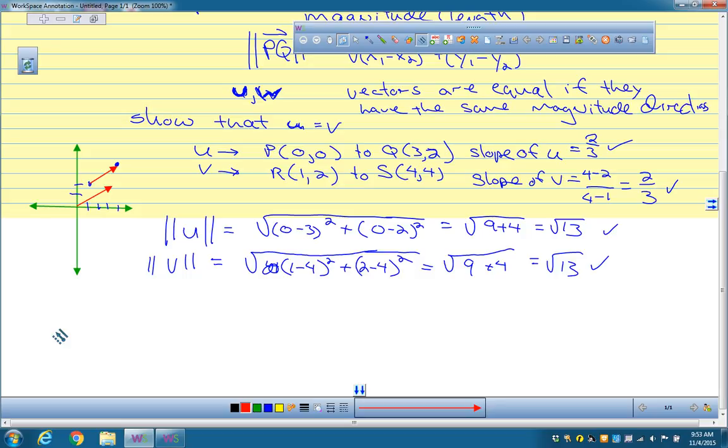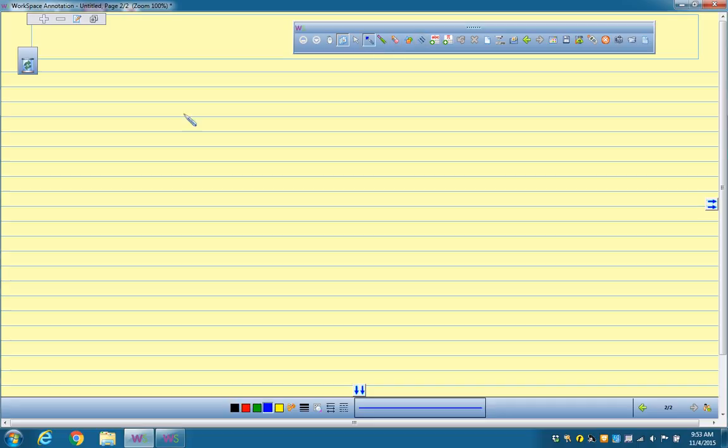All right, so that's that. Component form of a vector. I know it's just kind of a lot of notes here. Okay, so component form looks like this.